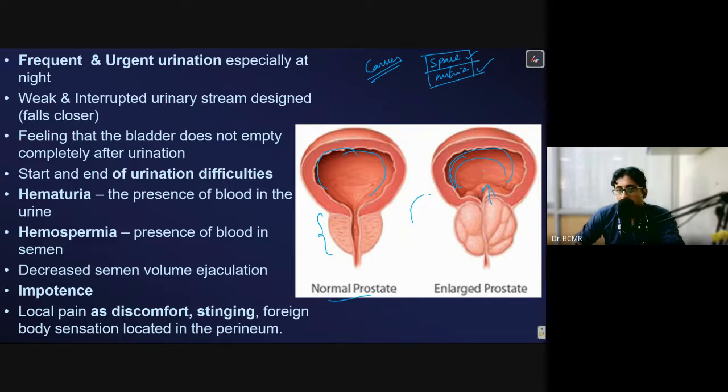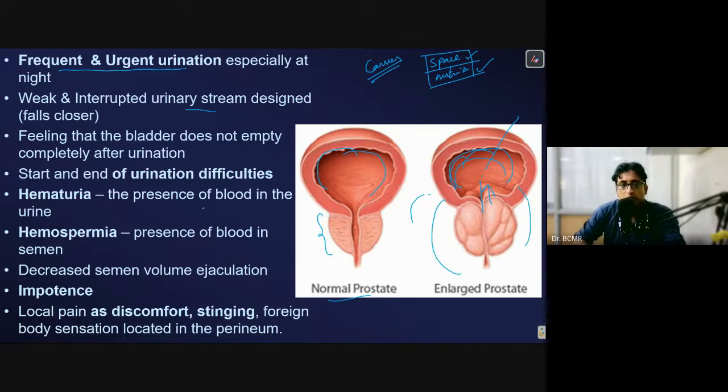So it will get filled up very fast because there is less space, and so the person has to go for urination often. So that is the reason why we have frequent and urgent urination, and the person cannot put pressure on the belly, because this is also painful when we put in pressure.